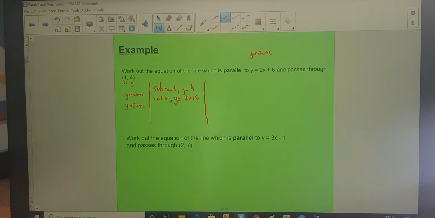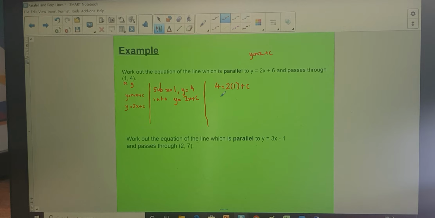So what's that going to look like? Okay, y is 4, because my y-coordinate is 4. So instead of y, I'm writing 4 equals 2 lots of 1 plus c. 4 equals, well, 2 lots of 1 is just 2 plus c. Solve to find c.